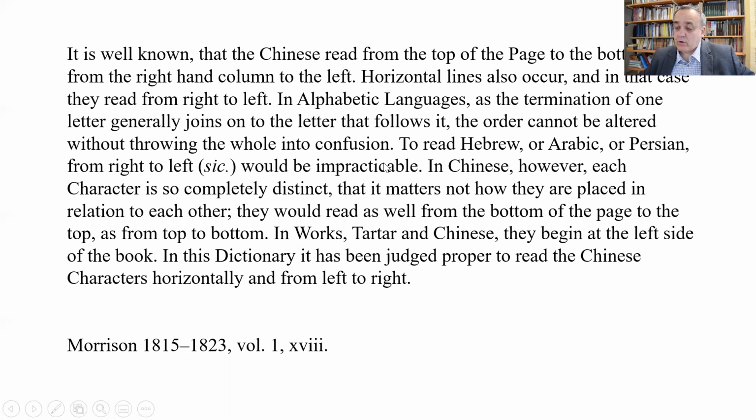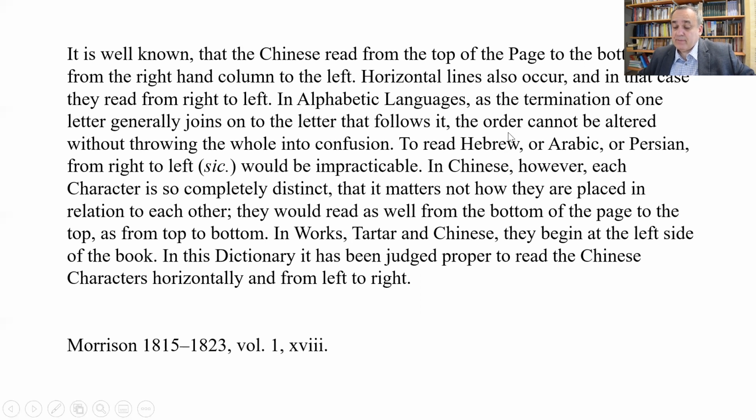To read Hebrew or Arabic or Persian from right to left," and here I think he made a mistake because he wanted to say from left to right, "would be impracticable. In Chinese, however, each character is so completely distinct that it matters not how they are placed in relation to each other. They would read as well from the bottom of the page to the top as from top to bottom. In works, Tartar and Chinese, they begin at the left side of the book. In this dictionary, it has been judged proper to read the Chinese characters horizontally and from left to right."